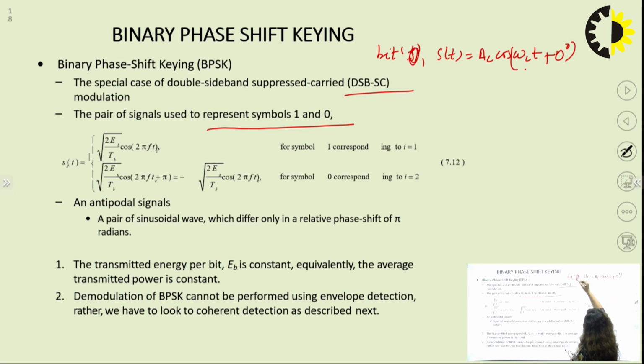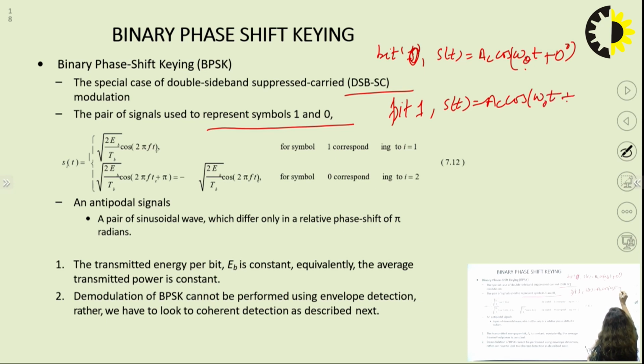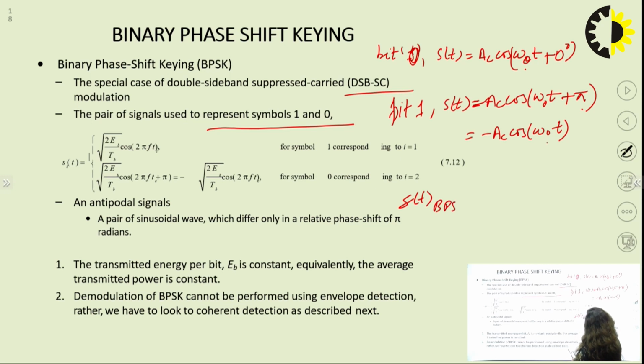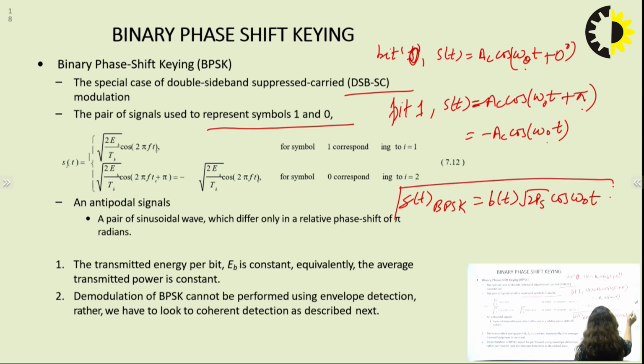For bit 0, s(t) is equivalent to minus Ac cos omega naught t, or omega c, whichever notation you want. So the general equation of the BPSK signal we can write as b(t) under root 2Ps cos omega naught t. So this is the general equation for the PSK signal.